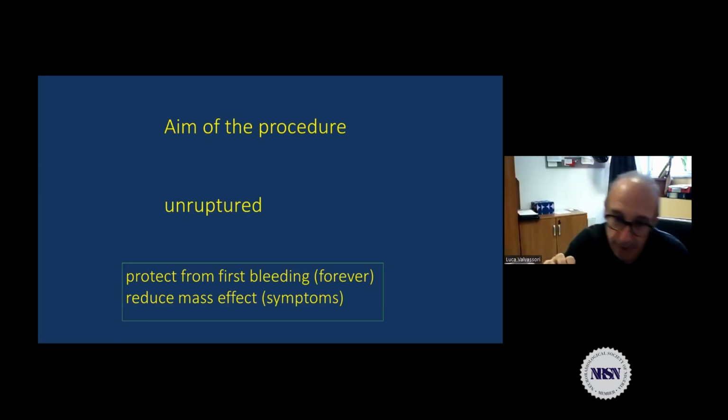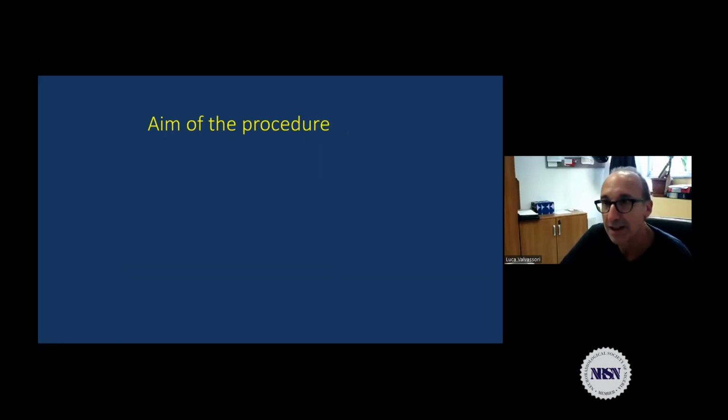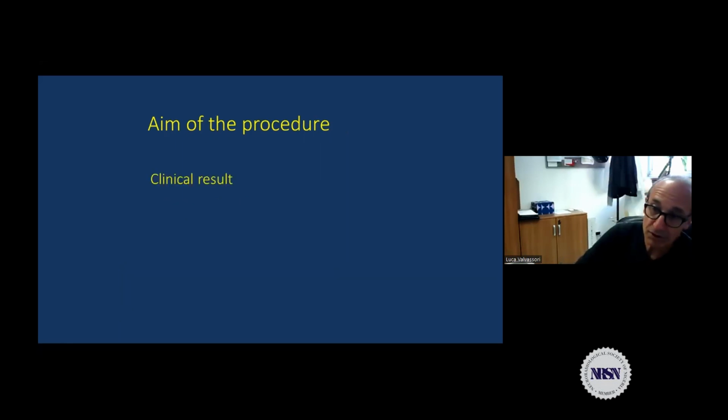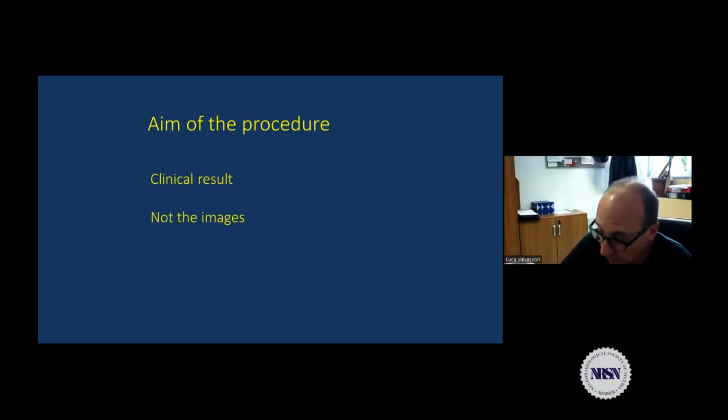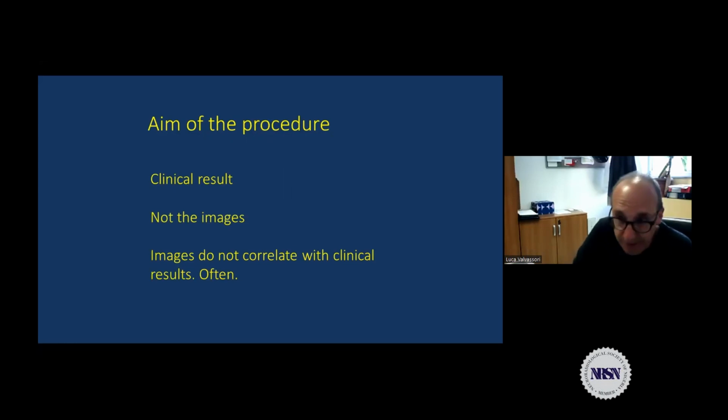Or we have to reduce the mass effect, as we saw for the patient that I showed you before. So the aim of the procedure, whatever the setting, is a clinical result, not only for the images, that often do not really correlate with the clinical condition of the patient.